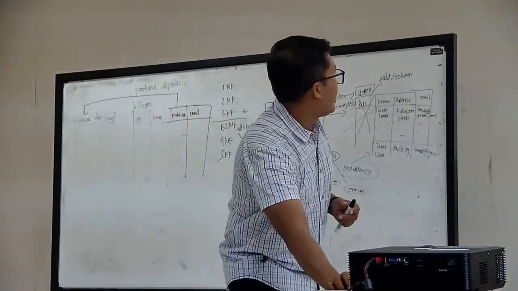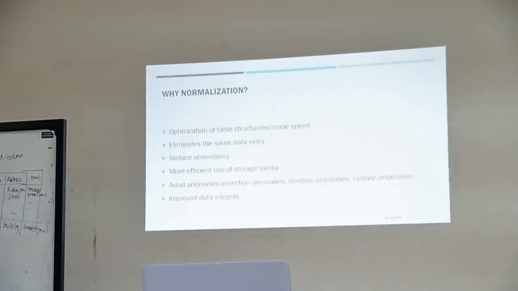Okay, why do we need to do normalization? Because we need to optimize the table structure, increase the speed of the query process, eliminate duplicate data entry, remove redundancy, and use storage media more efficiently.